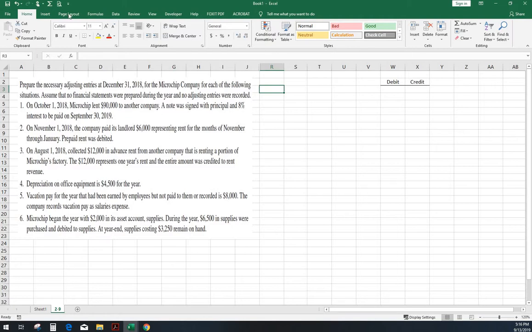Okay, so the first thing I like to do when I'm doing adjusting entries is I like to understand the original entry, and then that way we'll be able to adjust it to the correct balance as of December the 31st.